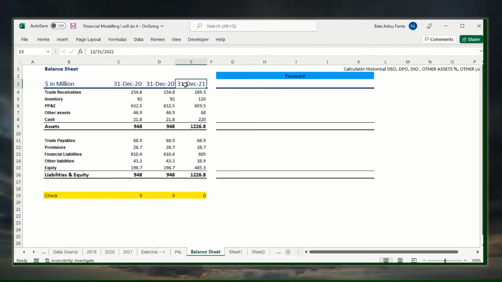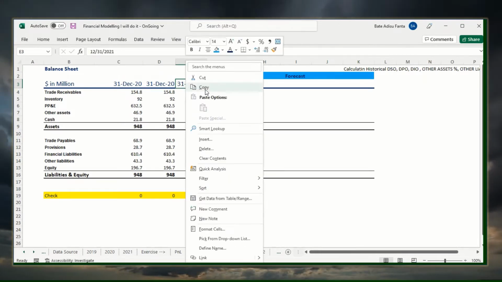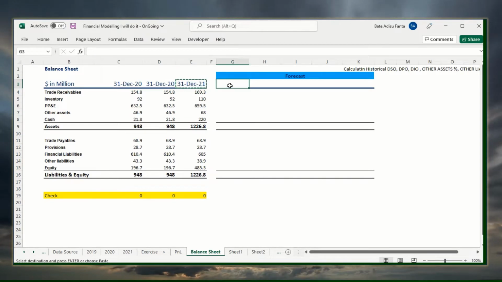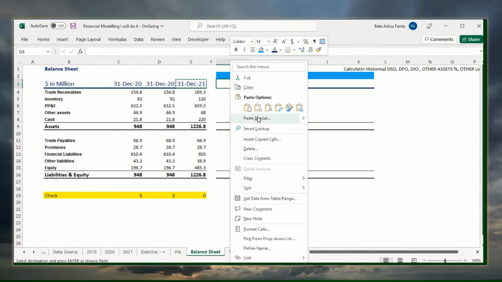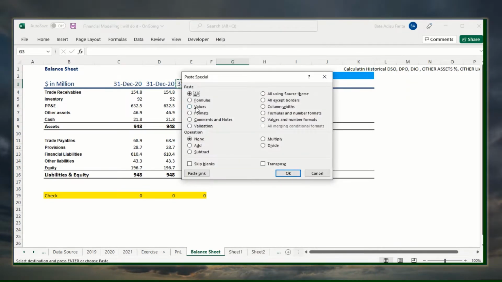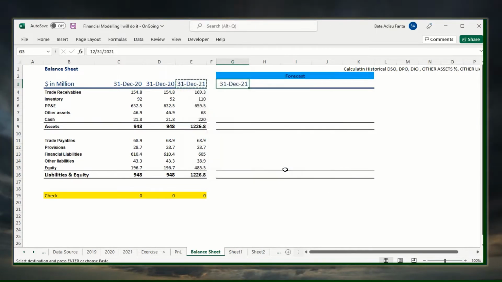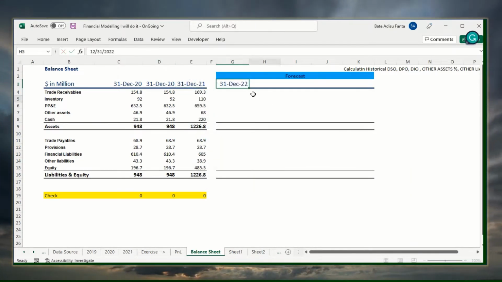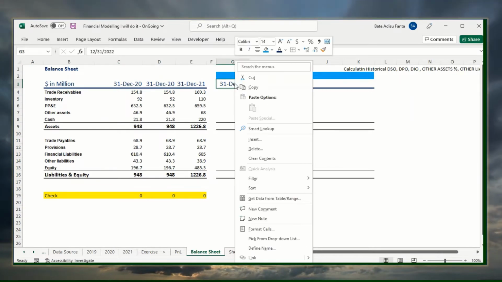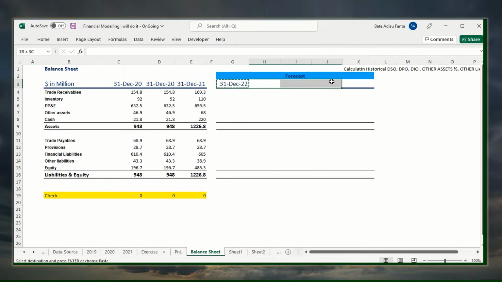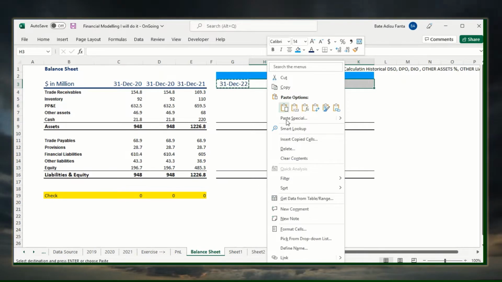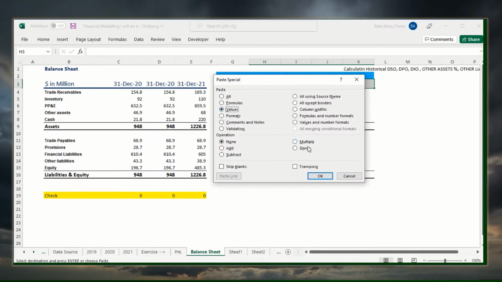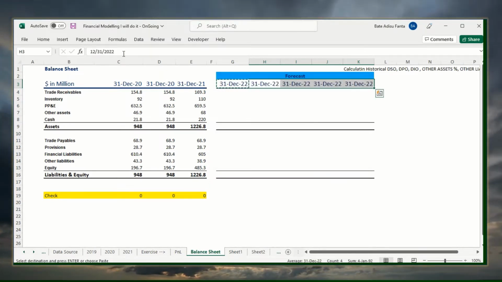And we can also copy paste the date to be projected here, and we can adjust accordingly. So what I'm going to do is I copy paste values in this case, and I change year to 2022, and the same way I can copy these values to all the years, and then I change the years only.